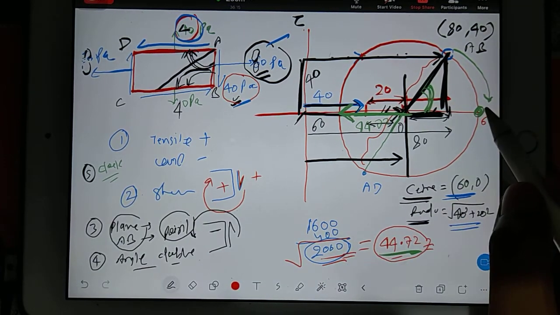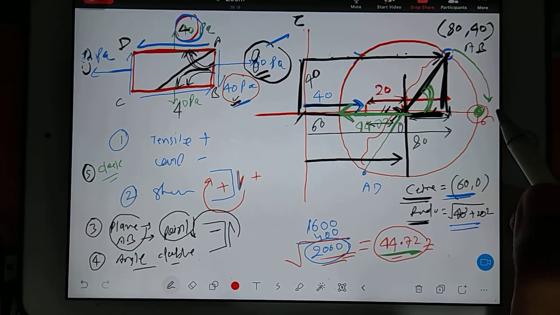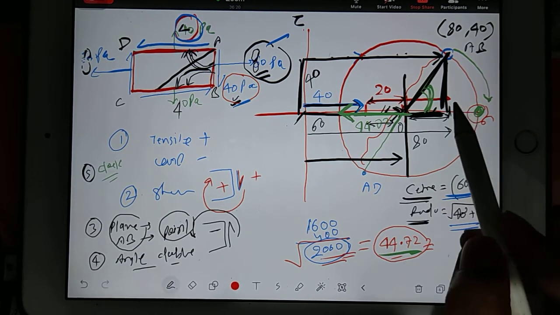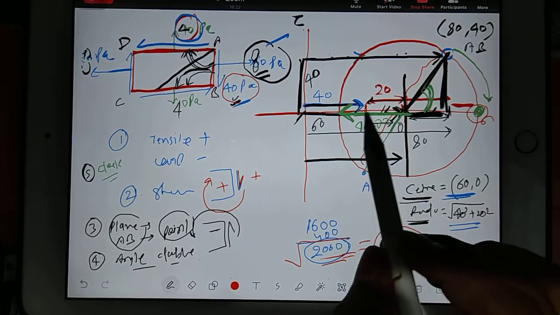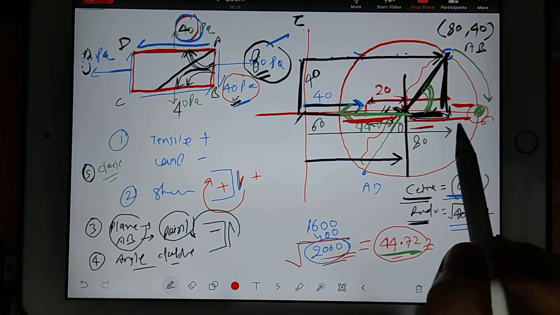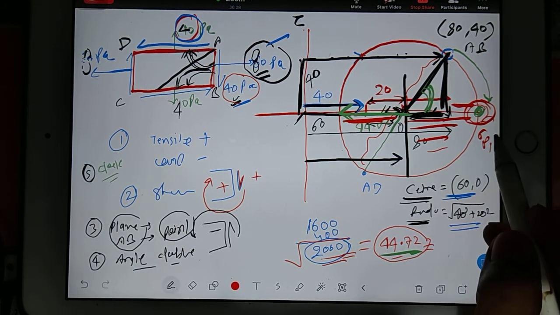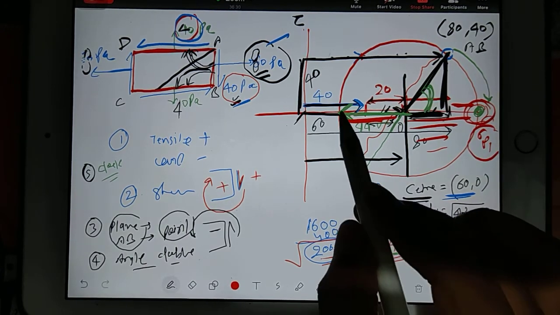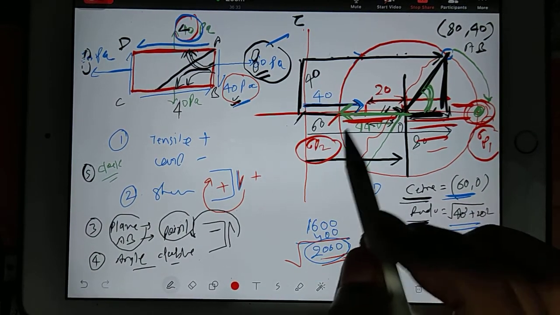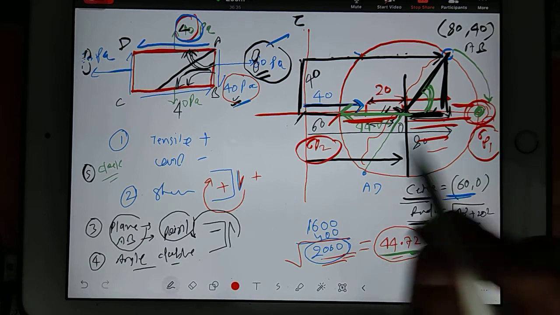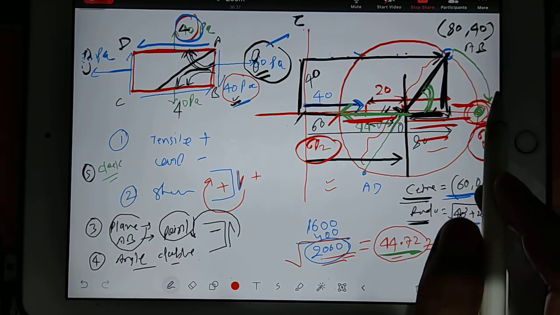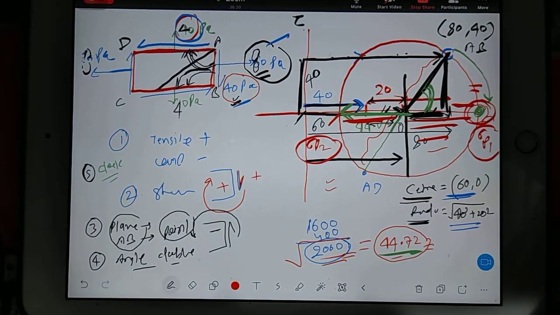At the same time, to find how much sigma is acting on that principal plane, you add this extra distance, or if you know the radius here, by applying geometry you can easily find sigma. Sigma P1 means principal stress major, and sigma P2 means principal stress minor. So this is how we can find the location and value of principal stresses.